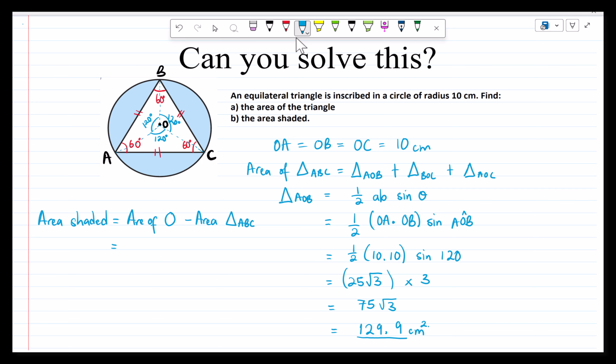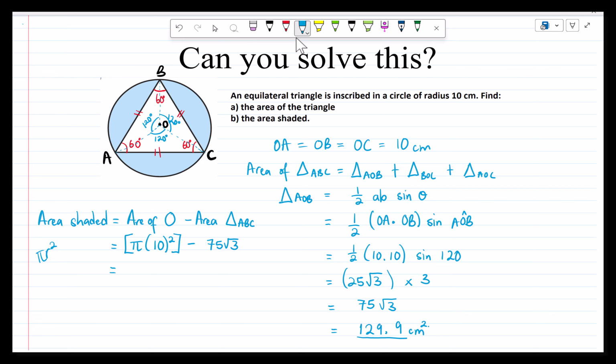To find the area of the circle, the formula is pi r squared. So punching this with pi, our radius is 10 centimeters, so that is 10 squared, all this minus 75 root 3. The reason I'm using 75 root 3 is that I want a more exact answer rather than a rounded off figure.